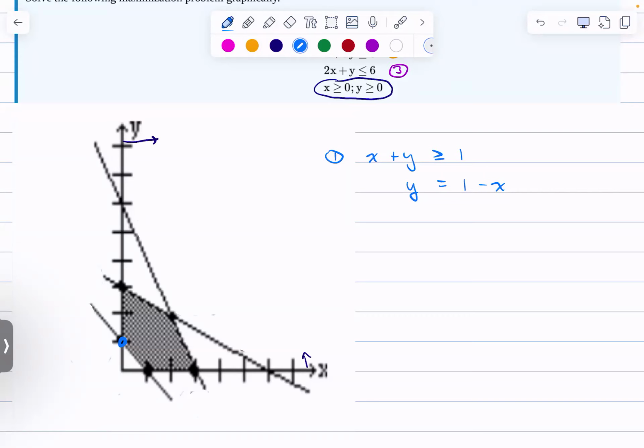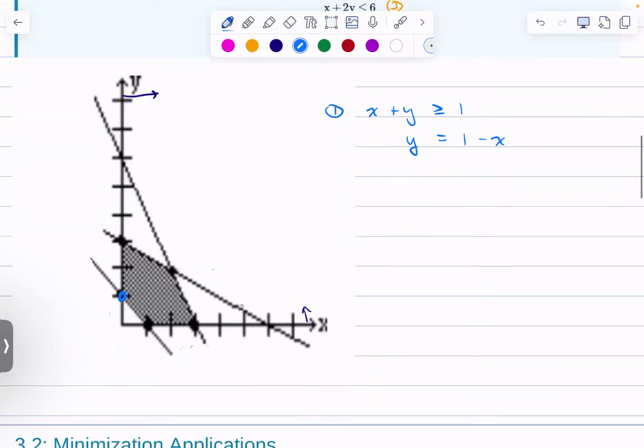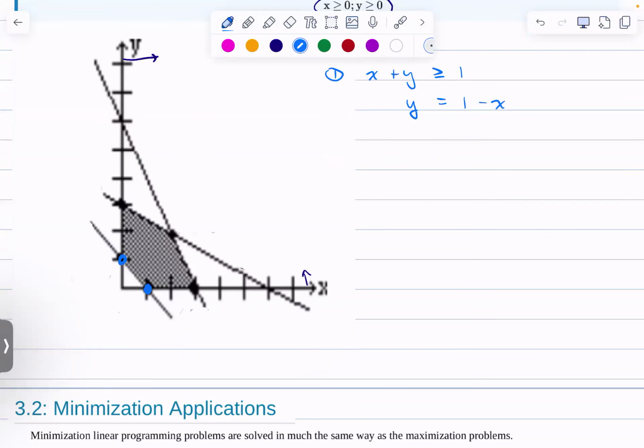It might be nice to figure out what the x-intercept is. If you plug in y equals 0, then what does x have to be? In order to make y 0, x has to be 1, right?